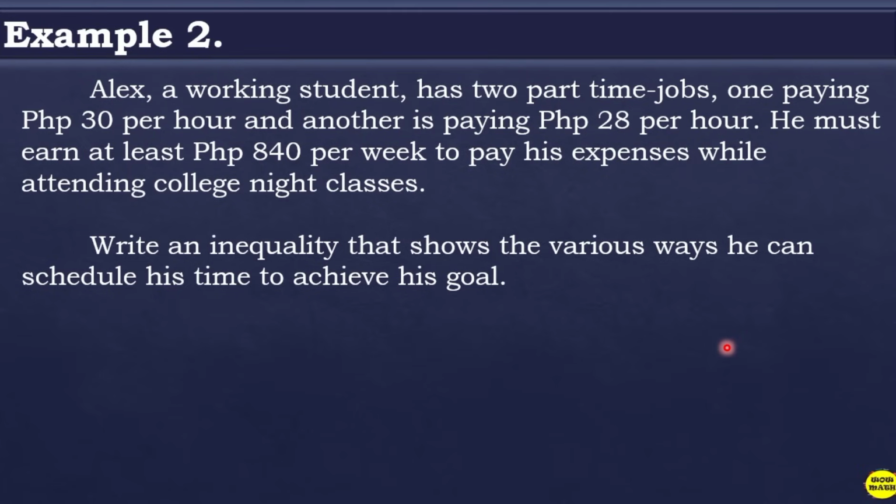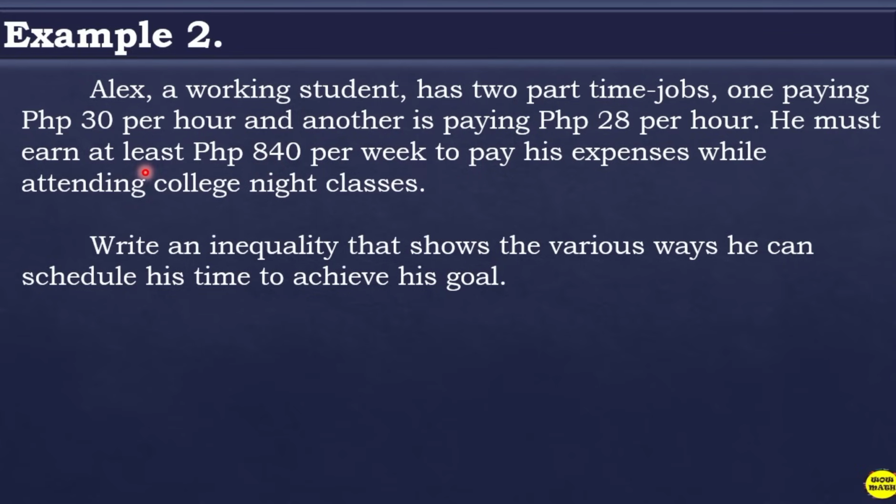So, write an inequality that shows the various ways he can schedule his time to achieve his goal. So, ano ba yung question? Anong focus natin? So, aalamin natin yung iba't ibang schedule na pwede para ma-achieve niya yung goal niya na makapag-earn siya ng at least 840 pesos.